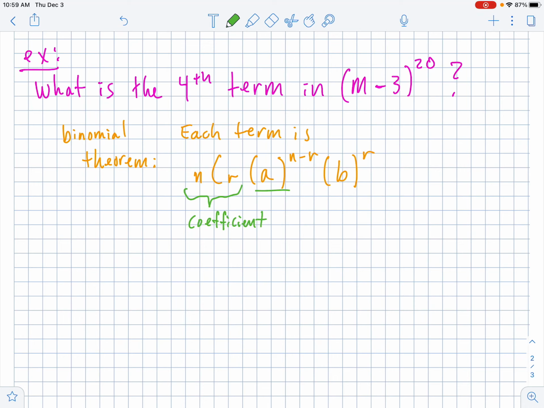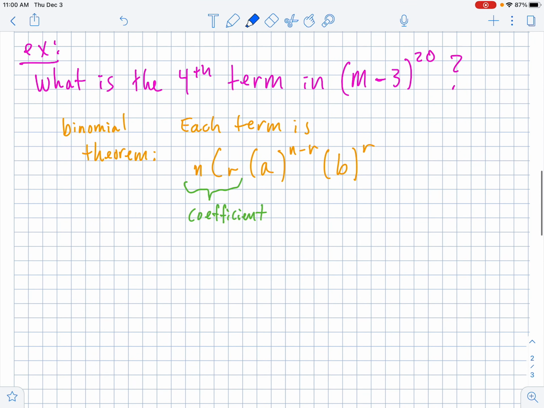Then the front term is to a bigger power, but the powers descend by r every single time, and then the back term grows. So as r gets bigger, the back term gets bigger and the front term gets smaller. This is why the binomial theorem has the front part powers descending and the back part powers ascending. Sorry, that was kind of rambly, but yeah, it works.